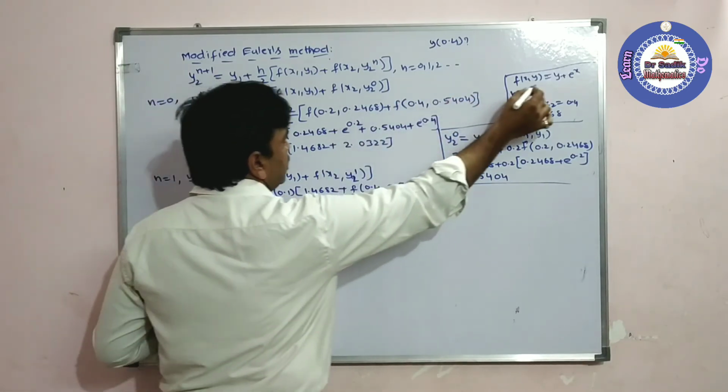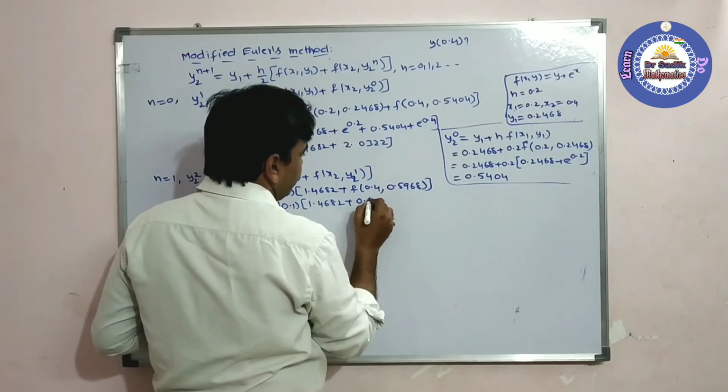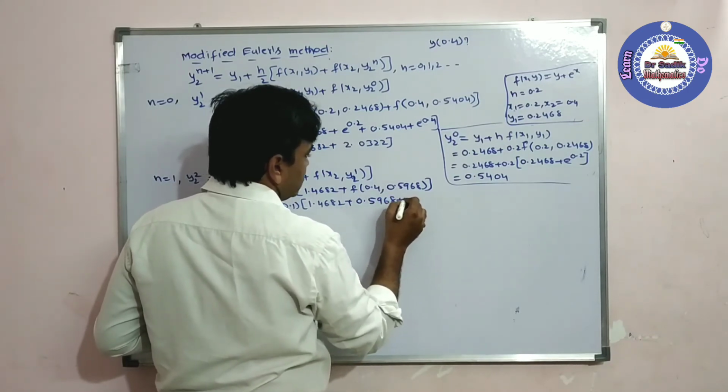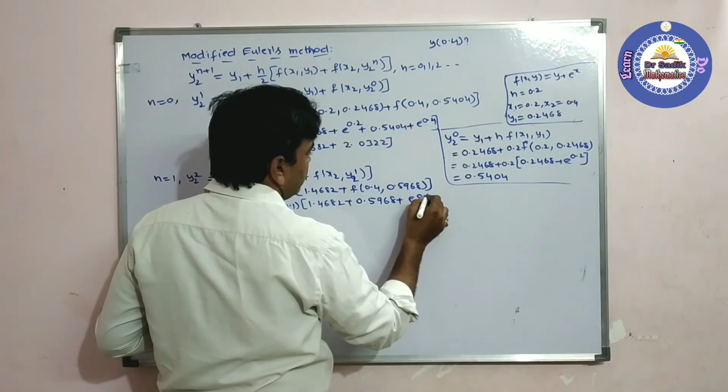Because y plus e power x, so 0.5968 plus e power x, so 0.4.